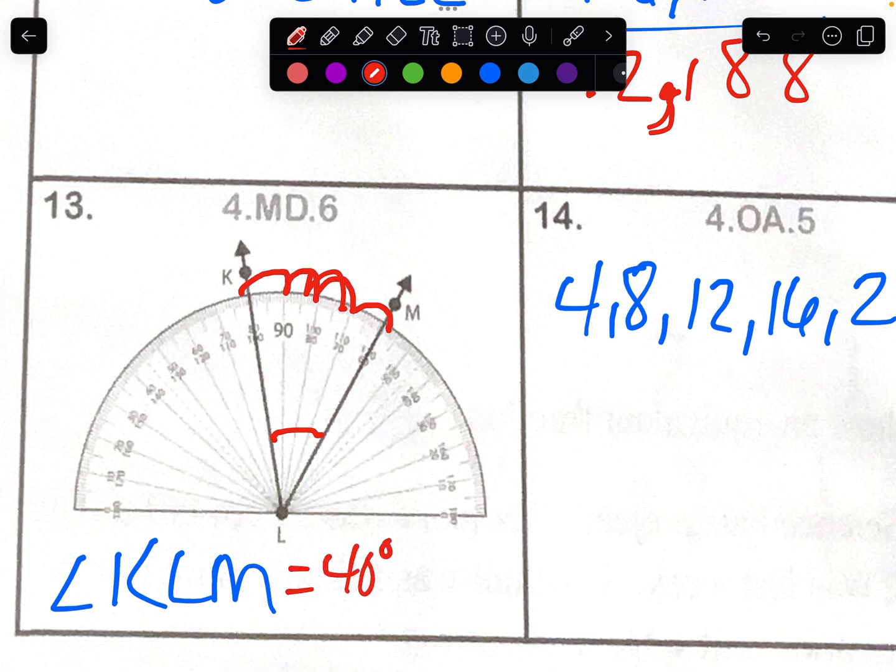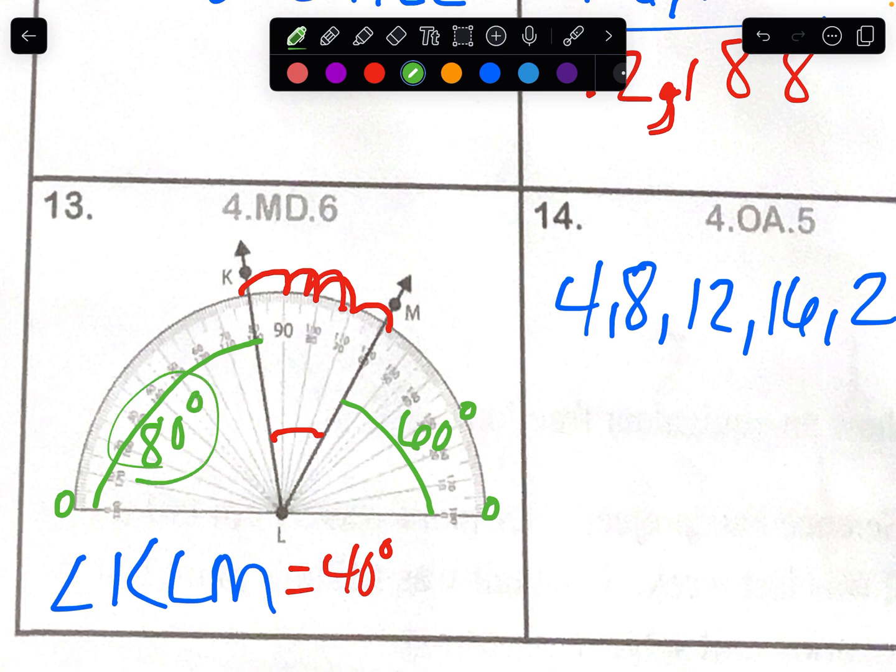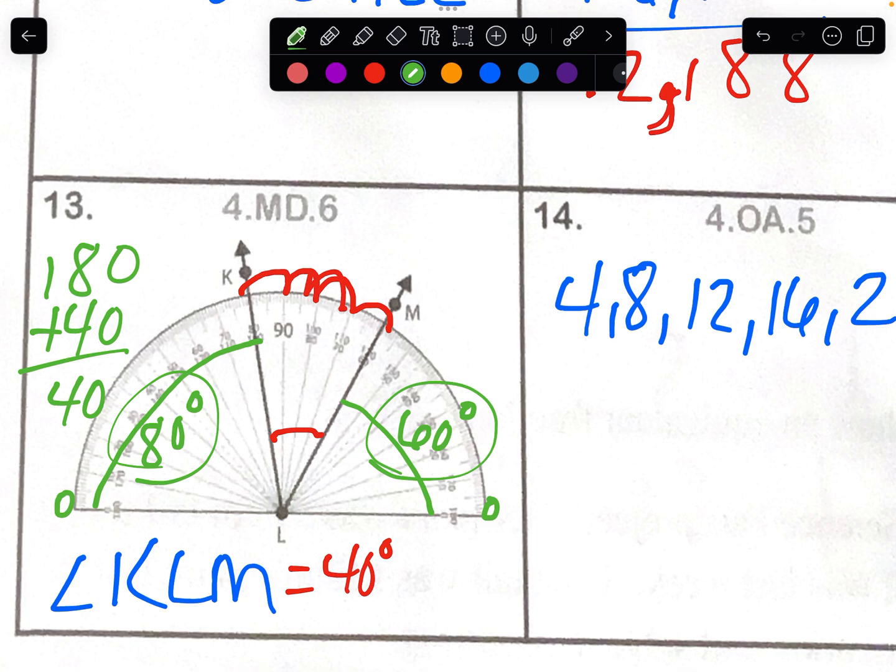You could do it that way, or let me grab a different color. From 0 to here is 60. From 0 up here, because that would still be acute, which would be 80. Well, 80 and 60 are 140. The whole thing is 180. You subtract and you get 40 degrees.